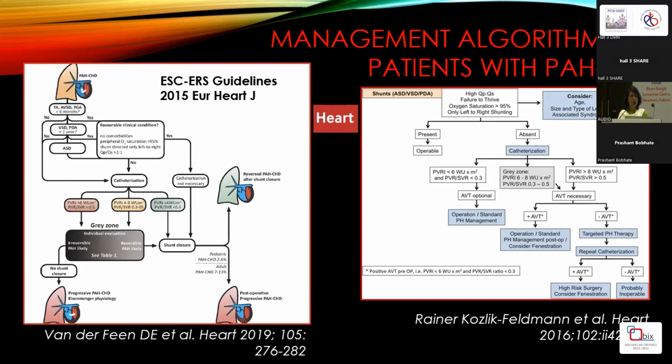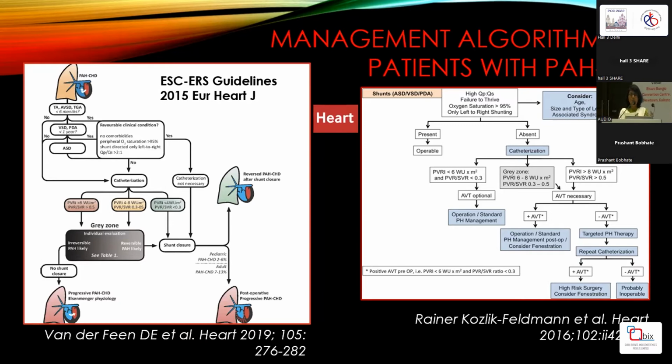Now, different algorithms have different cutoffs for reversibility, and here I'm talking about the left to right shunts particularly. The more conservative algorithms would consider a PVR less than 4 to be operable, more than 8 to be possibly inoperable, and 4 to 8 to be the gray zone.